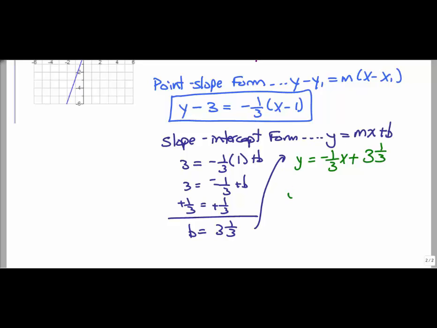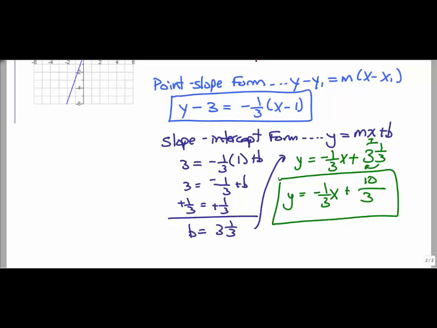The negative 1/3 comes from the slope. But remember, for your final answer, you'll change this to an improper fraction. 3 times 3 is 9, plus 1 is 10 over 3. So this is my correct solution. Remember, no mixed numbers, we like to work with improper fractions.